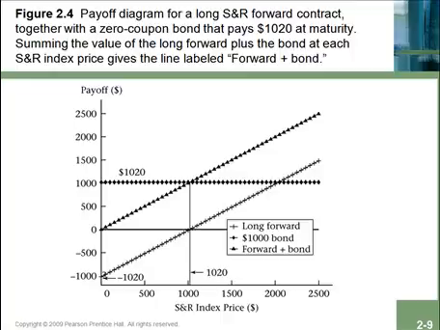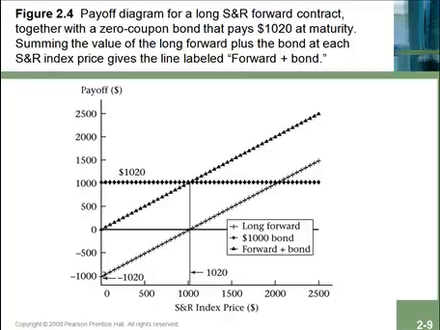Here you can see the payoff diagram for the long forward position. You can also see the payoff diagram for the $1,000 investment in the bond, which is just going to be $1,020. It's a flat line regardless of what the S&R index ends up going to. And then if you add those two things together, you get the payoff function for the forward plus the bond, which looks suspiciously like the payoff function on the previous page for a position in the underlying stock index.